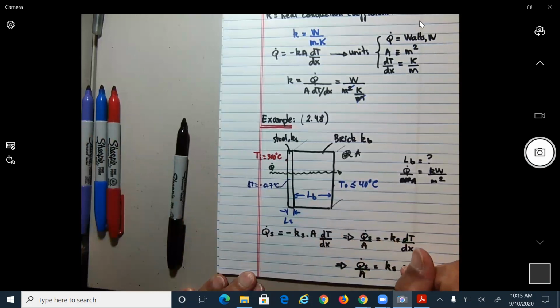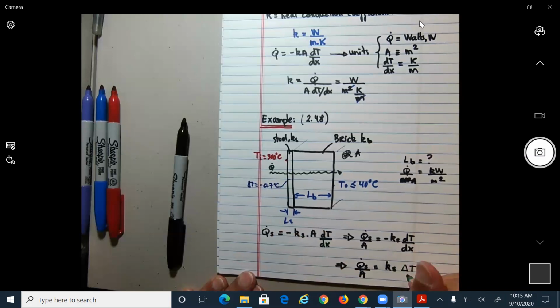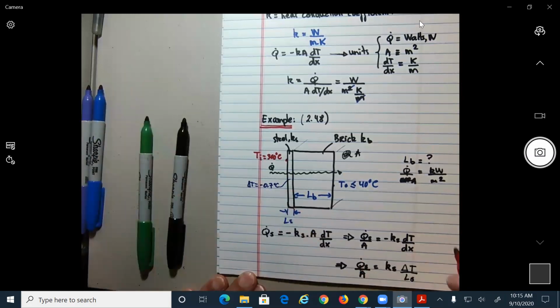It should be the change in temperature throughout the steel, which they give us as negative 0.7. So a negative would become positive, so I can just take 0.7. And now the thickness of that wall will be L sub S. So put here L sub S. And let's call this our equation A.